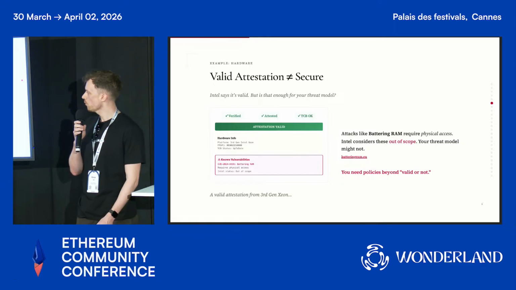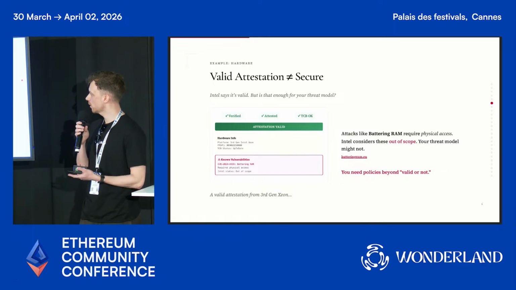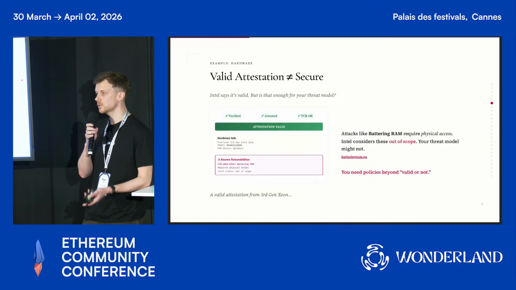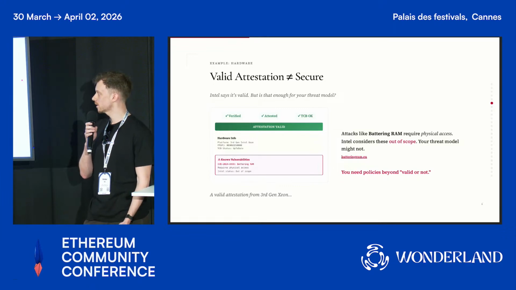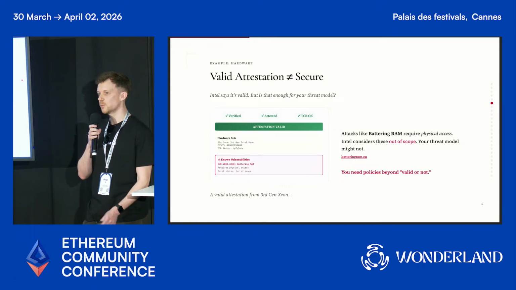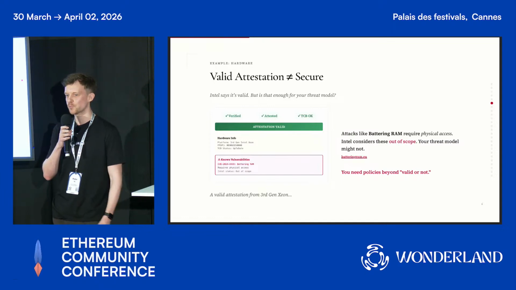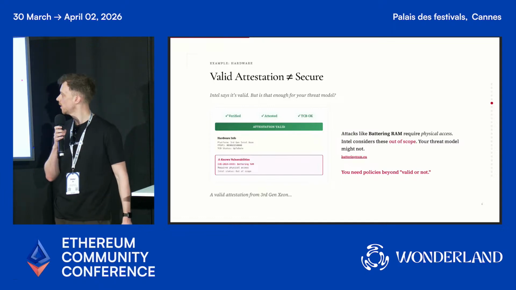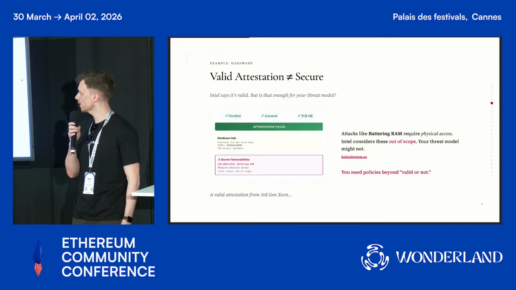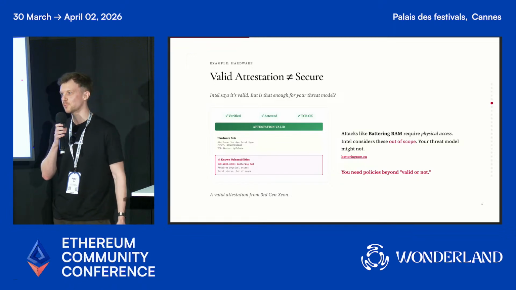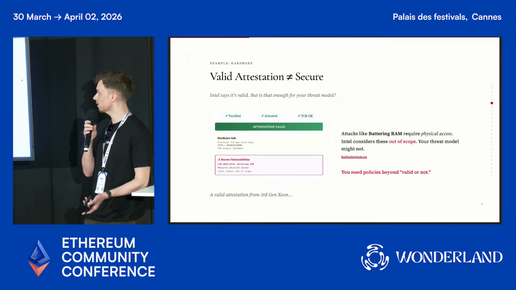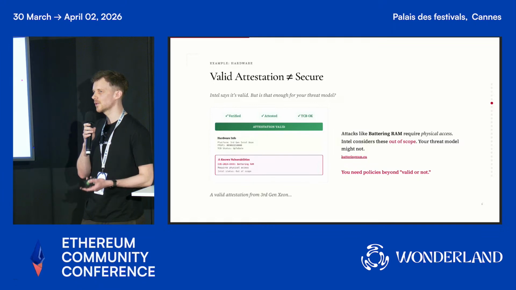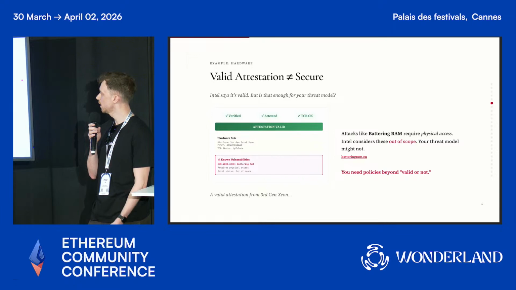For example, this specific attestation was done on 3rd generation Xeon CPUs, and those CPUs have very well-known and very practical attacks that are able to completely break the machine and extract the hardware keys that were baked into them. But Intel considers these out of scope. They see it as a feature, not as a bug, because their threat model explicitly states that physical access to the machine is out of their threat model.